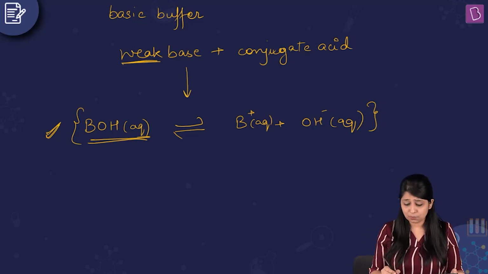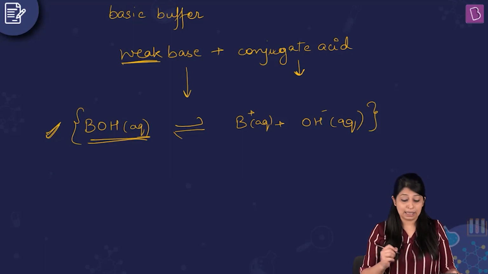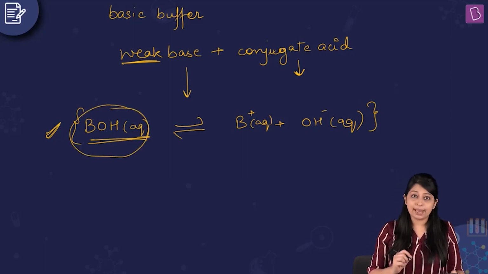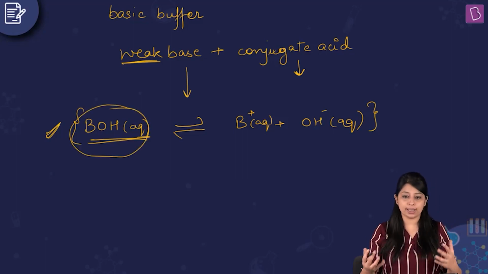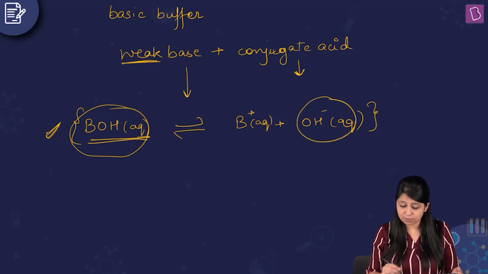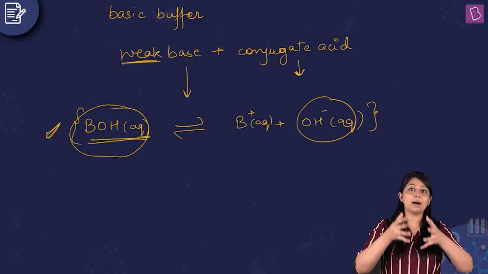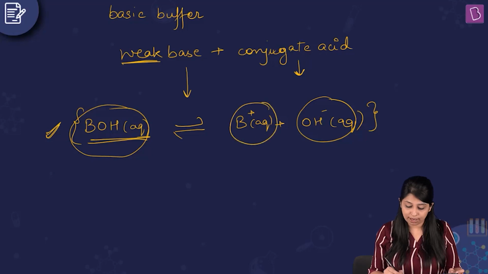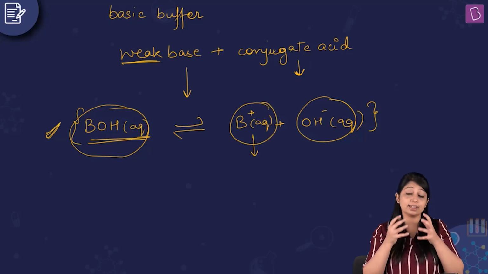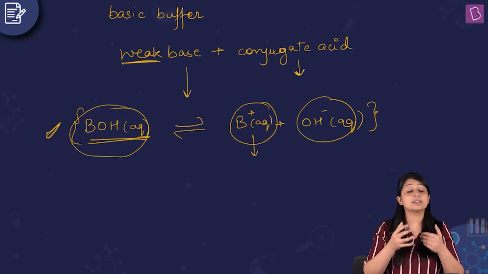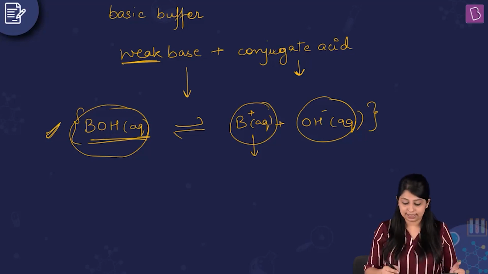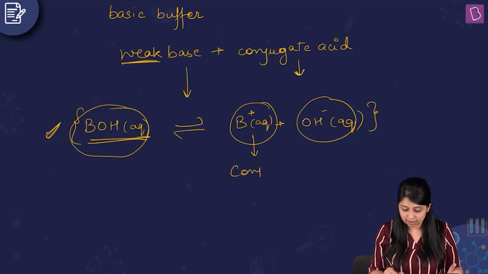But what is a conjugate acid? Whenever a base dissociates into ions and gives OH minus, the other part, the positive cation that we got after the dissociation of the base, is the conjugate acid.